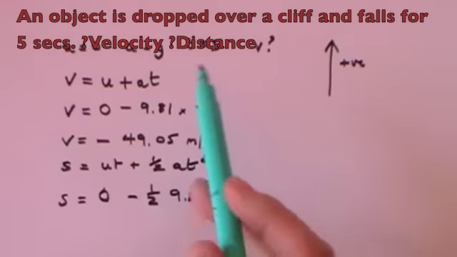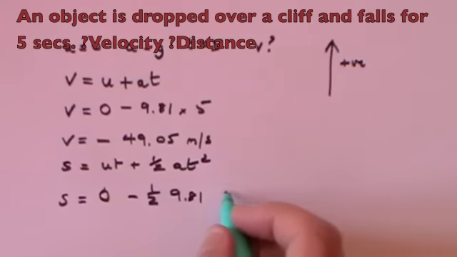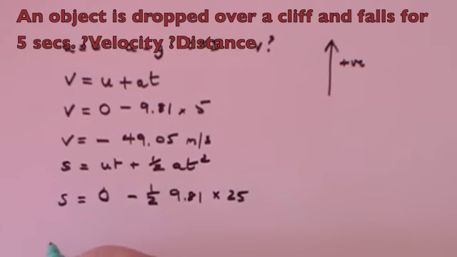And t squared is 25, so it's times 25. If you work that out, you will find that that equals minus 122.625 meters. Again, the minus sign indicates that the distance is downwards because that's the direction of travel.